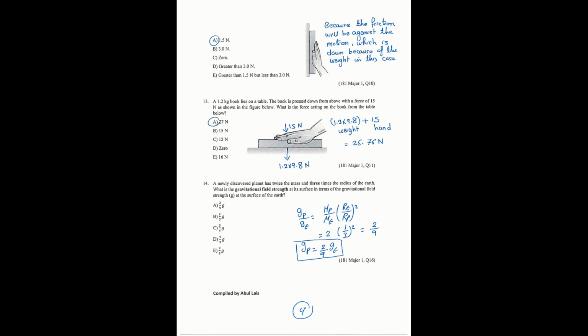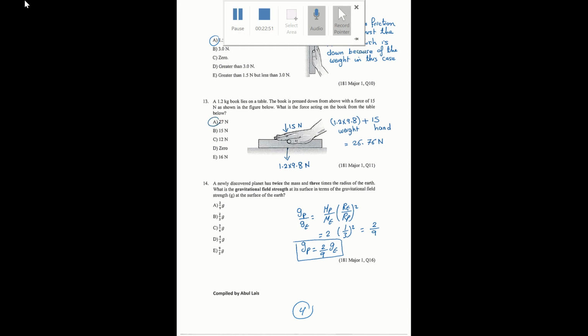That's what Newton's third law says. So now I have two forces, 15 and this force. These are the forces downwards, so the table will act with a force exactly equal in magnitude and opposite in direction, which is 26.76 newtons.